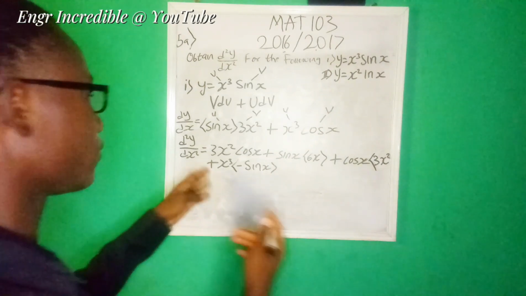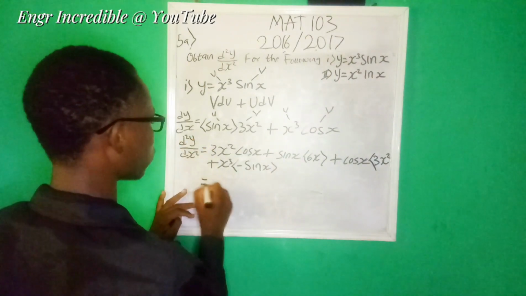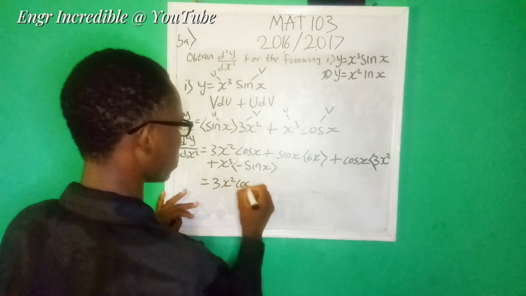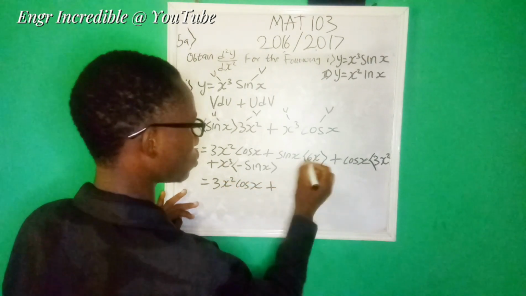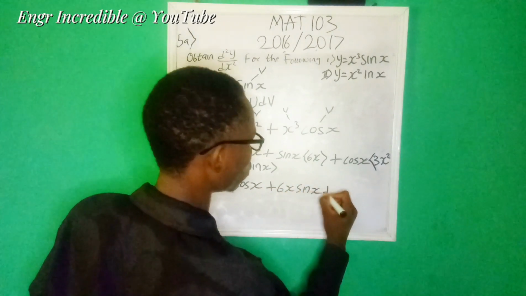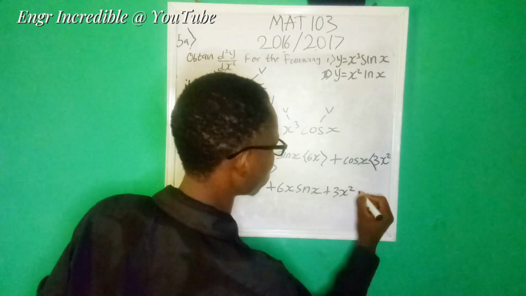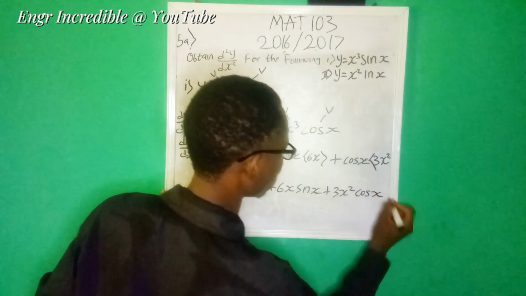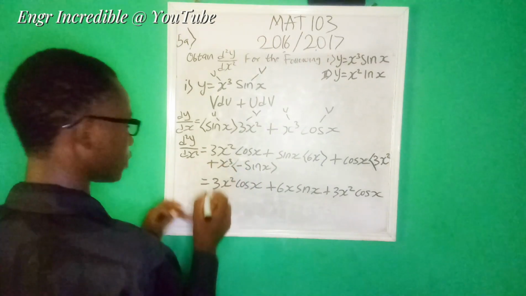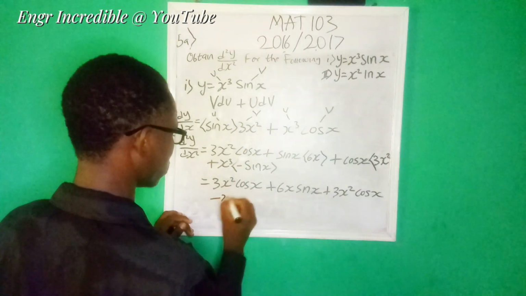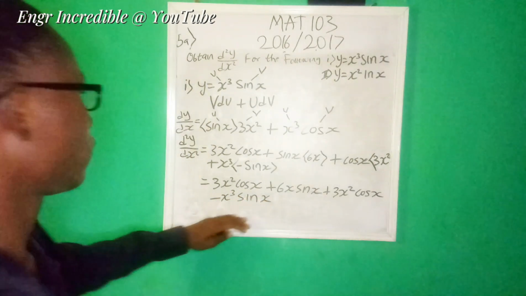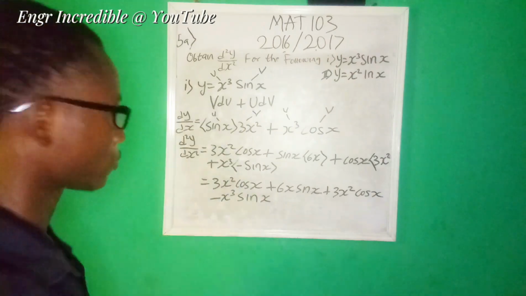So now when we simplify this, we have d squared y over dx squared as 3x squared cos x plus 6x sin x plus 3x squared cos x. Then this one will become minus, since minus is influencing it, minus x cubed sin x. So this is our final answer for part one.